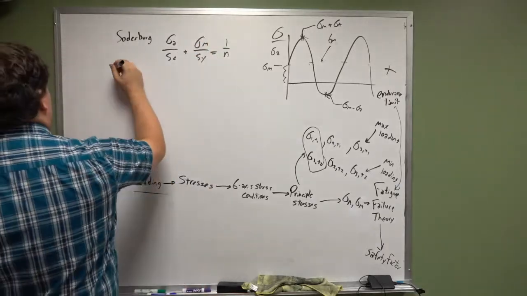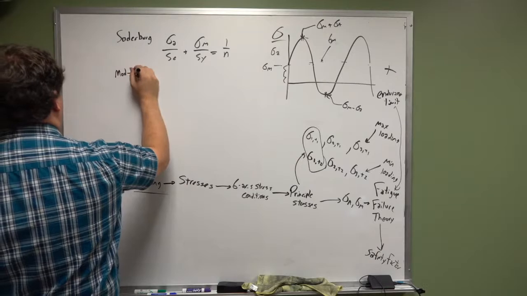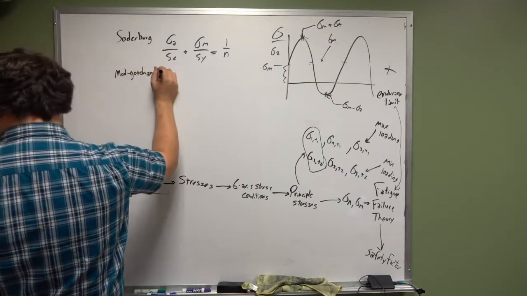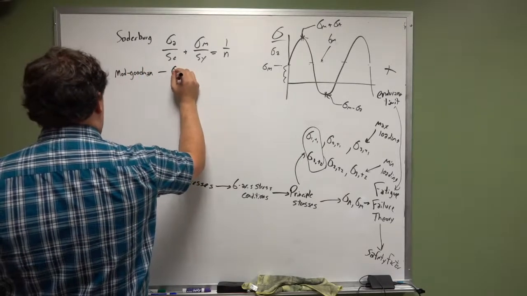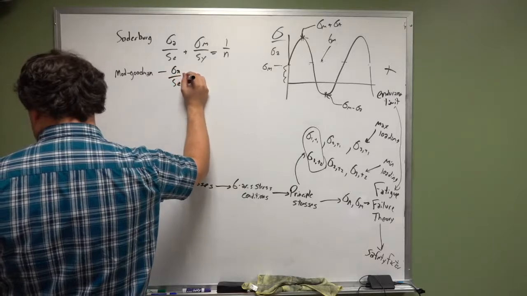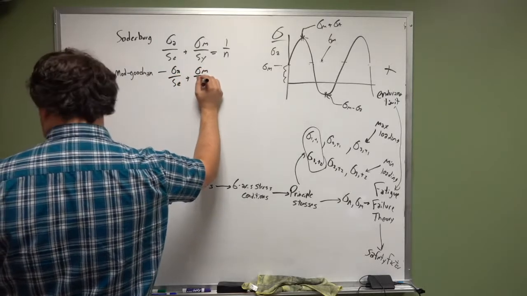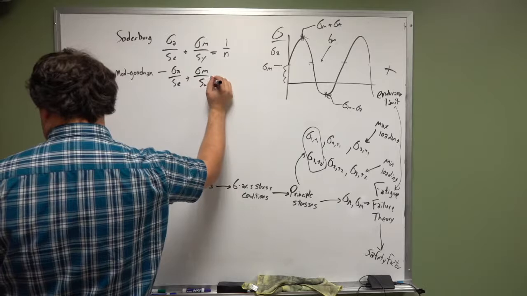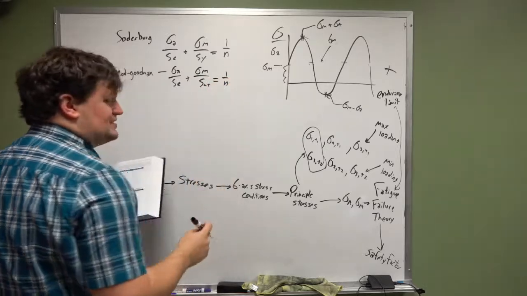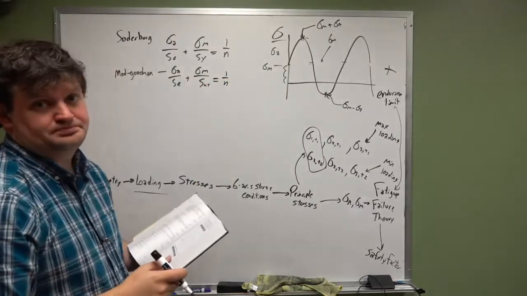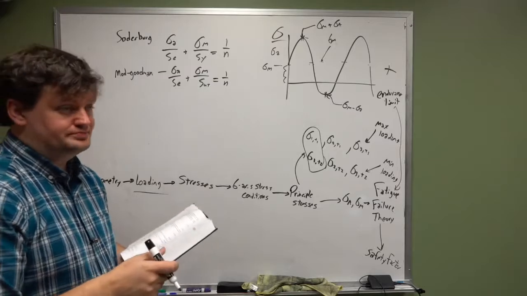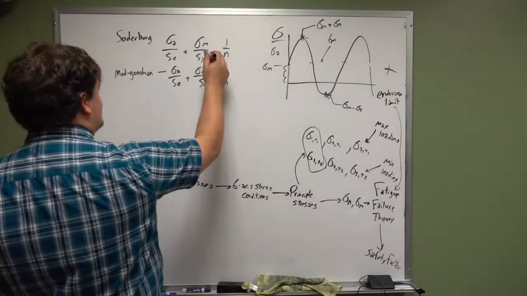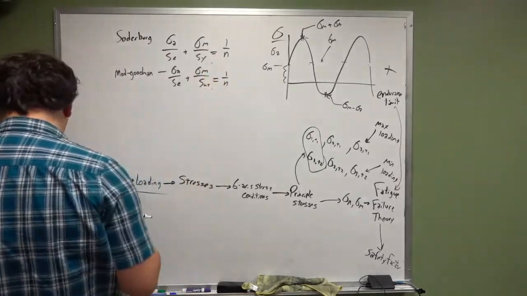Okay, then you got the modified Goodman, which is sigma A over SE plus sigma M over SUT equals 1 over N. Notice this is for brittle failure. Okay, this is for ductile, this is for brittle.